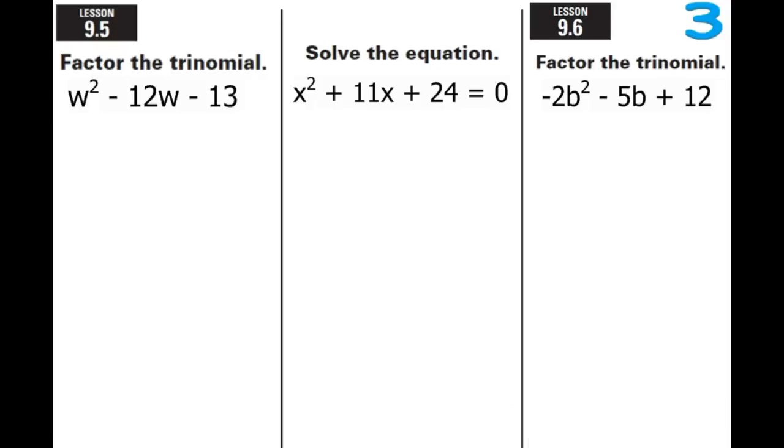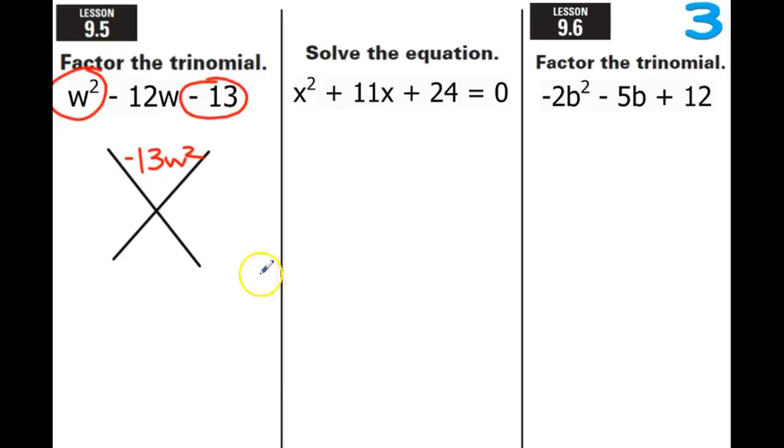Alright, then we moved on and we factored trinomials, 3 terms. We did this using our diamond method. Remember, we multiply our first term by our last term to go on the top. So negative 13 times w squared is negative 13w squared. Our middle term goes on the bottom, negative 12w.